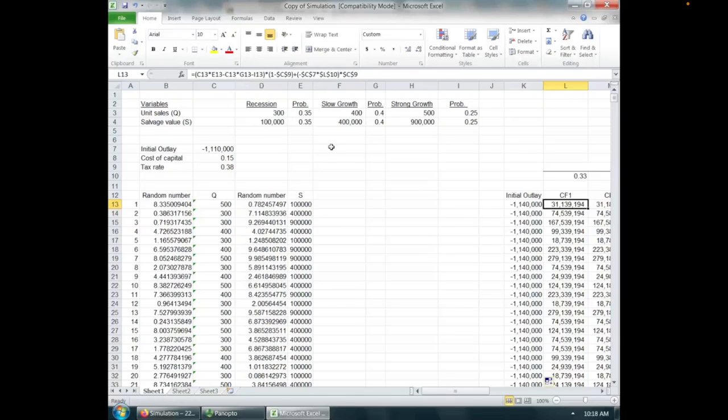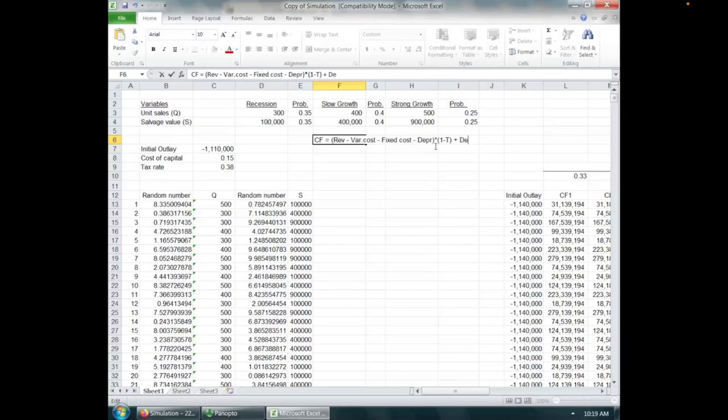Okay, so in general, your cash flow in a given year is going to be revenue minus variable cost, minus fixed cost, minus depreciation. Then you multiply that by 1 minus tax rate to calculate net income.